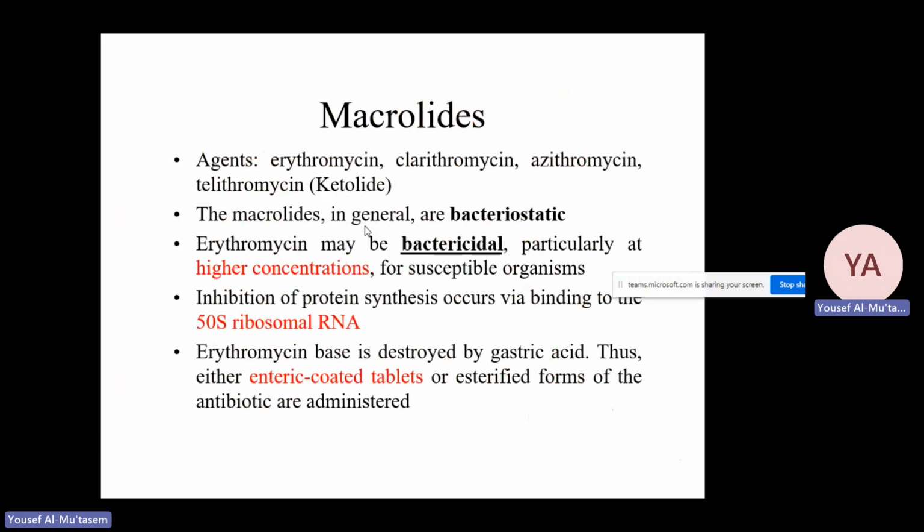Once an RBC is destroyed, what's inside of it, like hemoglobin, will go outside and undergo catabolism. It will be broken up into globin, which is the protein, and heme. The heme has an iron element in it and a porphyrin ring. The porphyrin ring will be broken further into bilirubin.